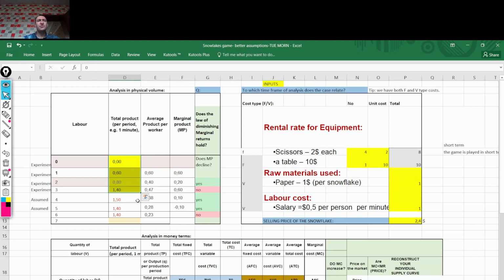I recorded that productivity, and then we analyzed the results of that game in terms of productivity. Again, I had to make assumptions because we didn't have time to play till the very end, and we didn't have maybe 7 scissors. But you can imagine what would have happened with 7 people working the production process.